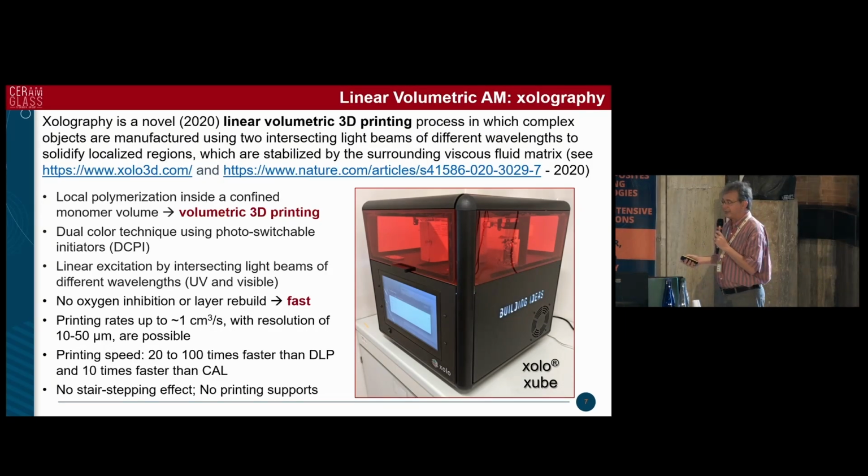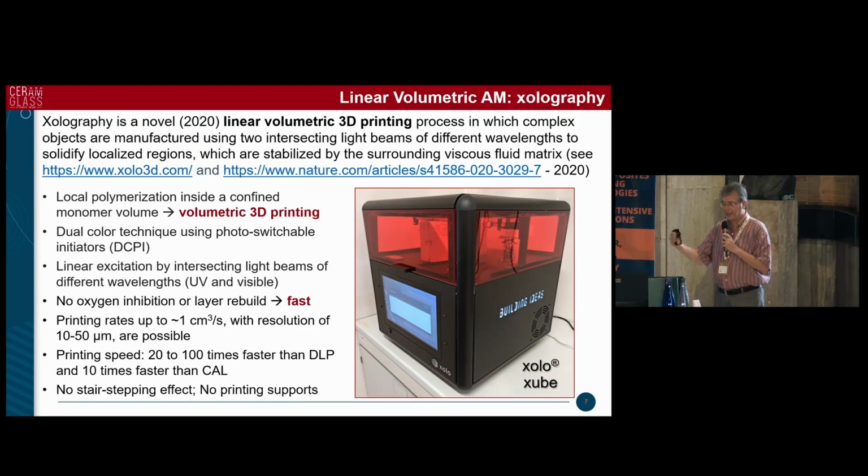You can see that the printing rates can be as high as 1 cubic centimeter per second, and high resolution is possible. And there is no stair-stepping effect because it is not a layer-by-layer approach, and this means, specifically for ceramic materials, that you do not have a lot of defects at the surface.